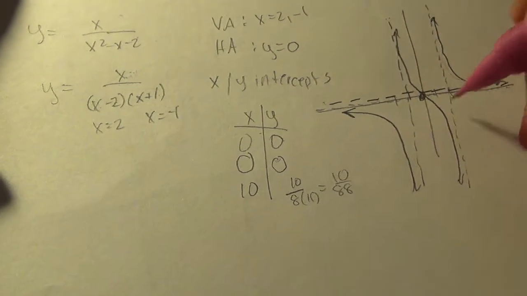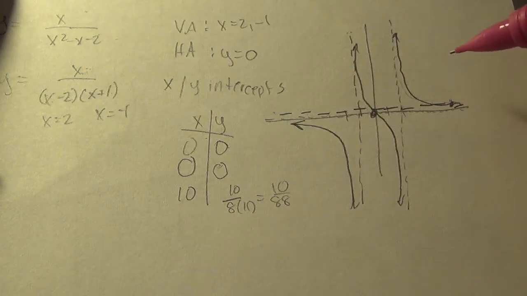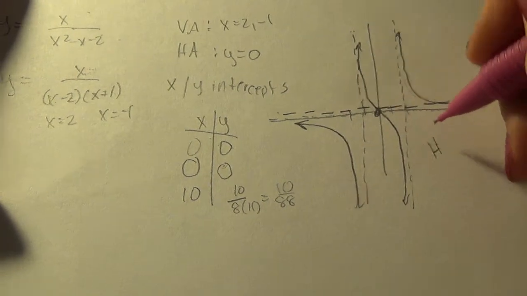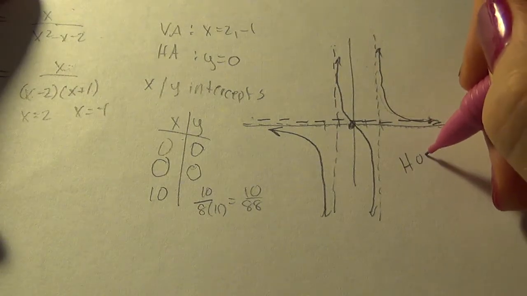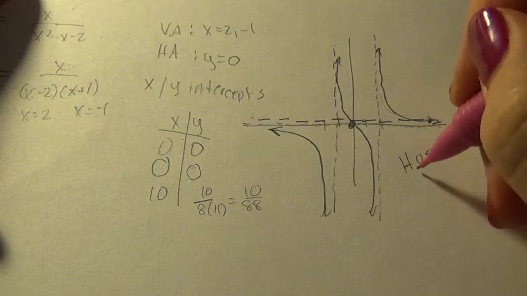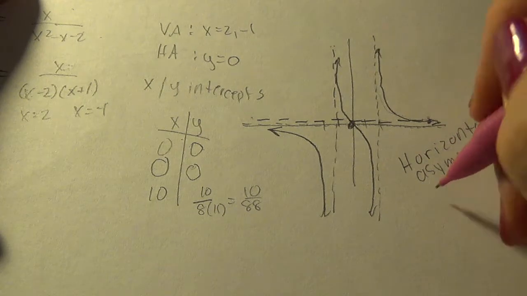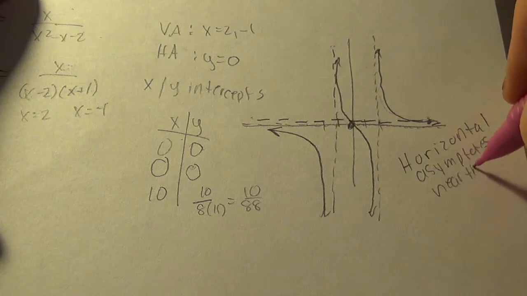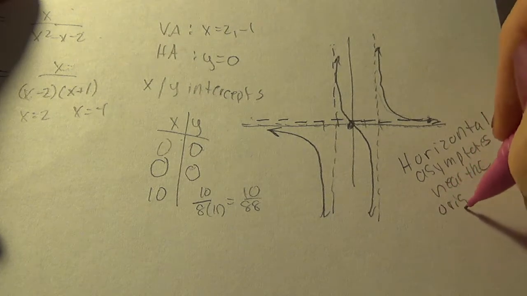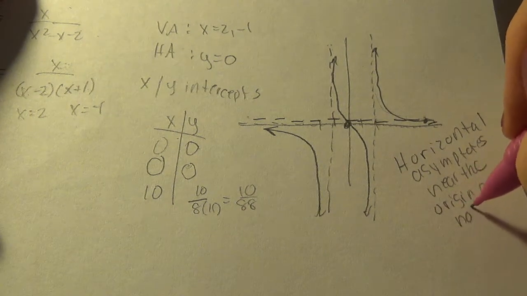Right here. We went right across as if it wasn't an asymptote, and yet it is, because it's horizontal. Go back to this example and put this note near it. Horizontal asymptotes near the origin are not absolute.